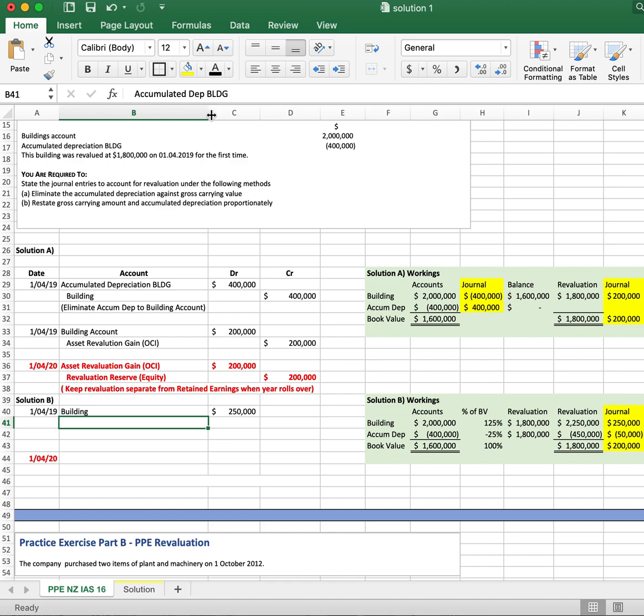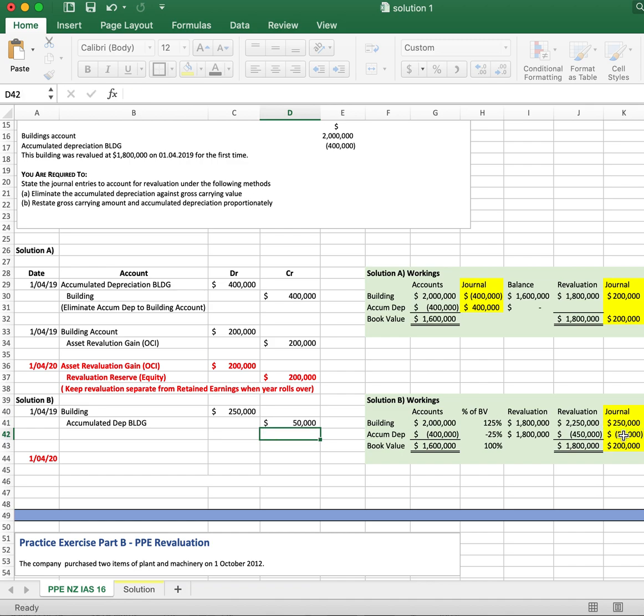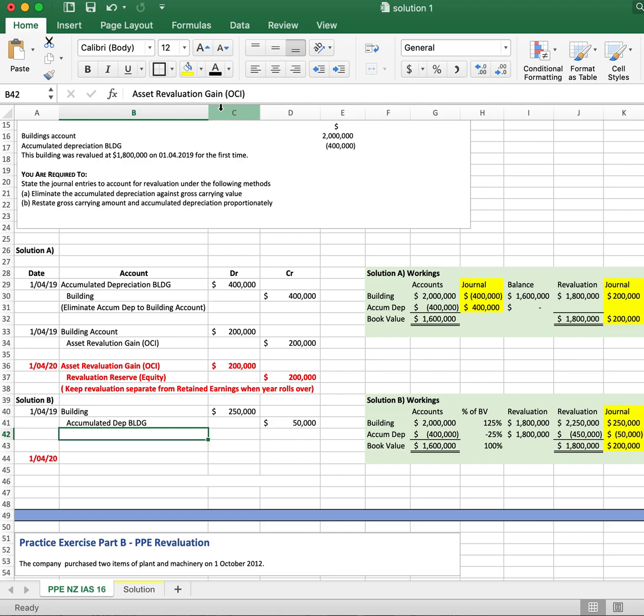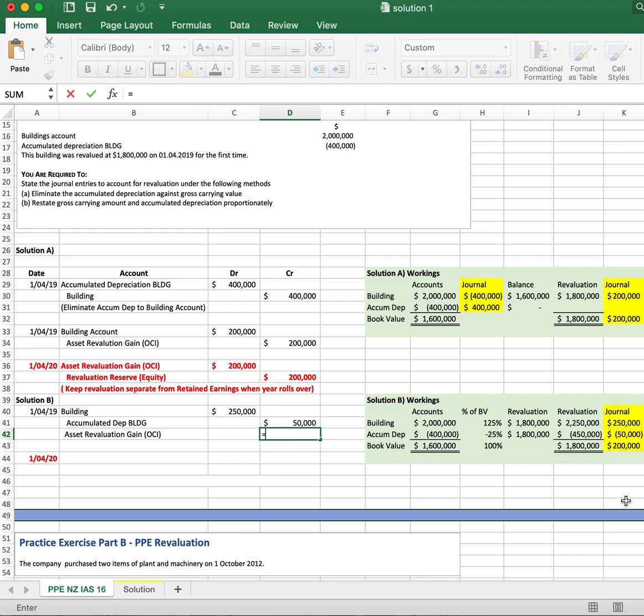I'm going to increase the accumulated depreciation by 50,000, and I have got a gain. Again, that asset revaluation gain is exactly the same as up here, just a different way to get to it. So perfect.